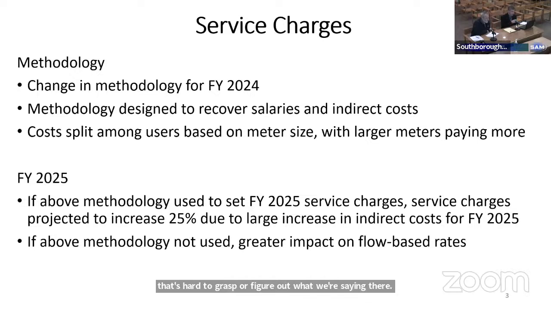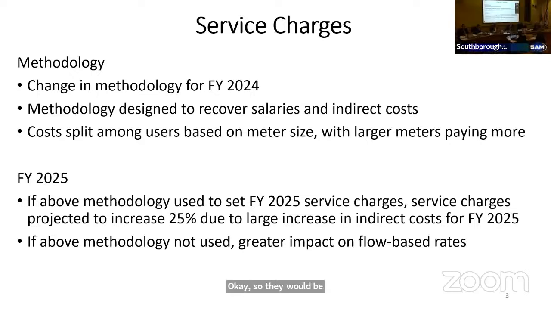So we do have a table of sample users, not tied to specific users in town, but sample users based on their usage on a quarterly bill. And we did calculate what we think the average residential user is, and we have that as 2,600 cubic feet per quarter.